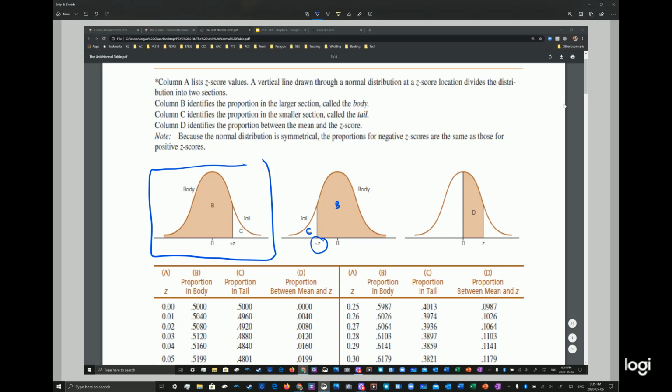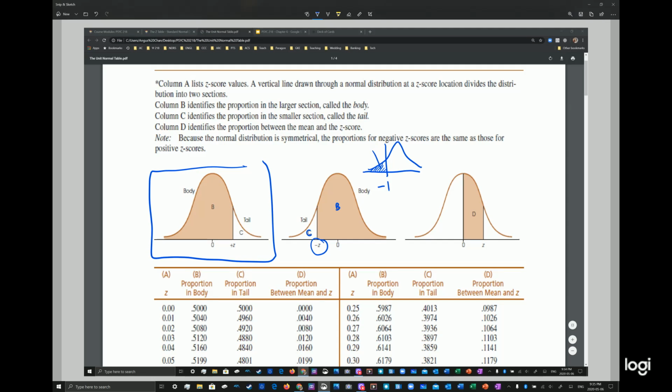You would look at the negative Z value as a positive, locate the proportion, be it body or tail, and then report that. But when you do the calculation, you probably want to draw where it is. So if it was negative 1, and you just want to find the portion below that, you would label that and say, I want this area, and this is the tail.